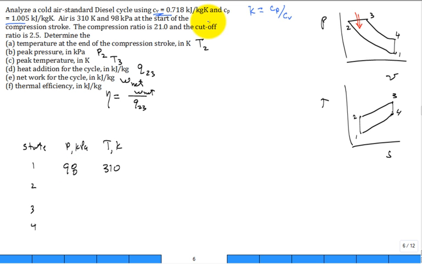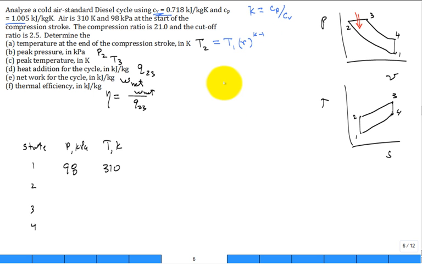And how do I calculate the first unknown, T2? Would it be T1 times the compression ratio to the K minus 1? Would that work? It would.